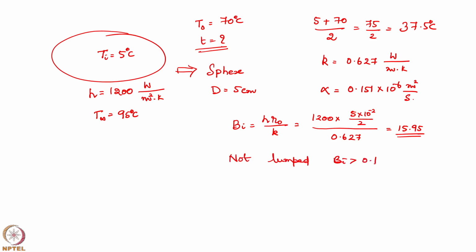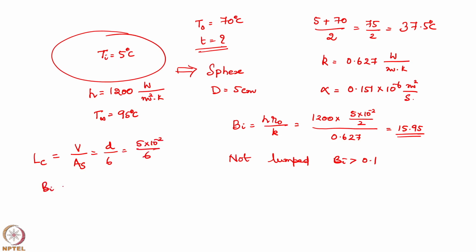Now, if you have to calculate the lumped criterion, Lc equal to volume by surface area, which is d by 6 for a sphere. So, you get 5 into 10 to the power of minus 2 divided by 6.